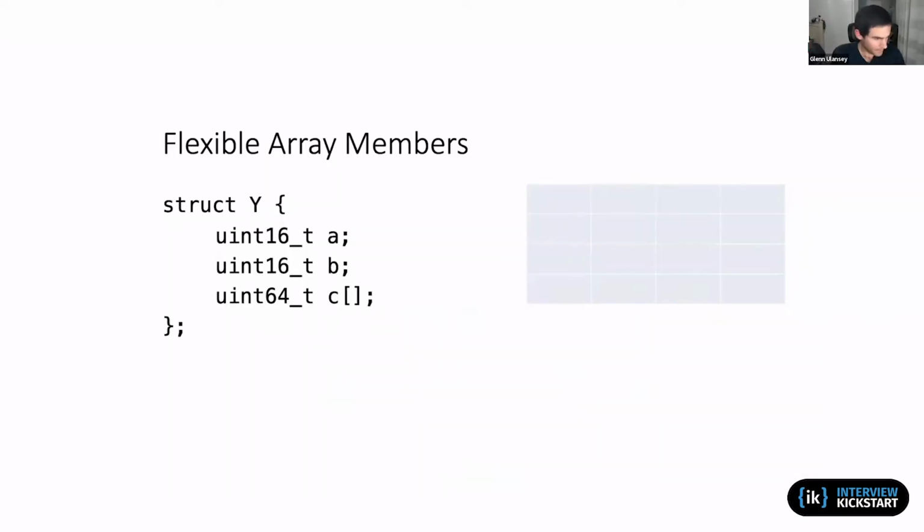Here's a very similar but slightly different structure. Here I have a 16-bit field, a 16-bit field, and a 64-bit field. And I could similarly ask you, if I called sizeof on this struct Y, what would it return?